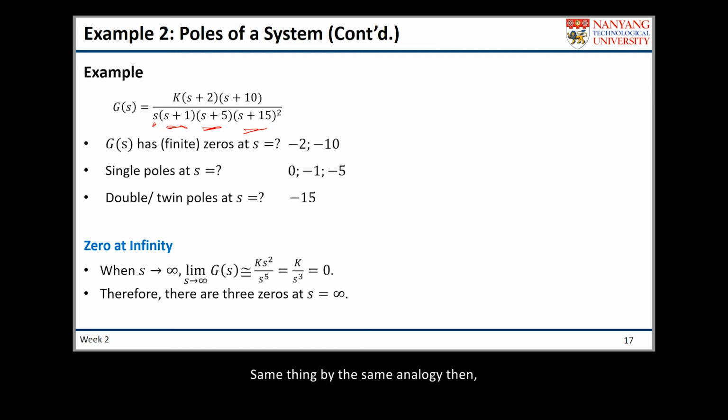By the same analogy, an infinite zero is the case when s is equal to infinity that will cause your G(s) to equal 0. So when you replace all of the s's in your G(s) with an infinite value, G(s) will become 0. This is what happens if I substitute an infinite value for all of the s's. I will have the limit of s going to infinity of G(s).